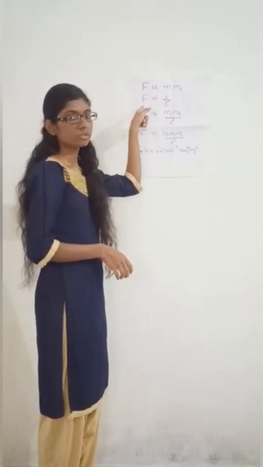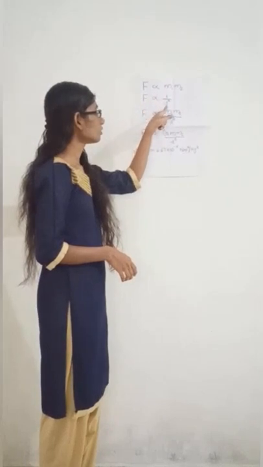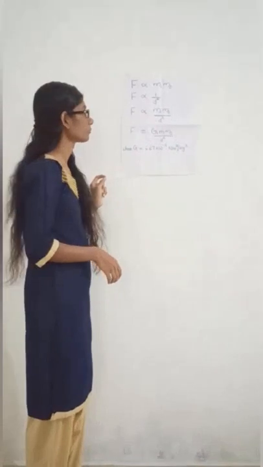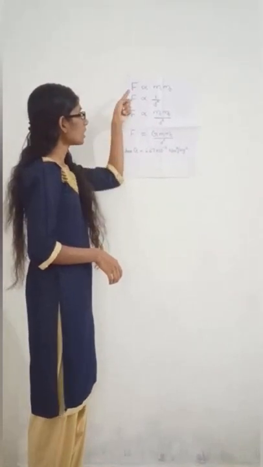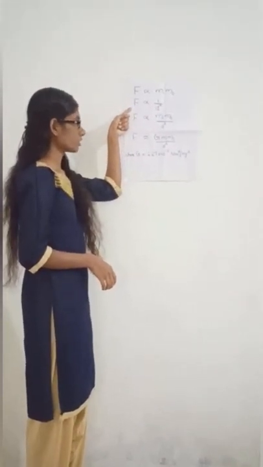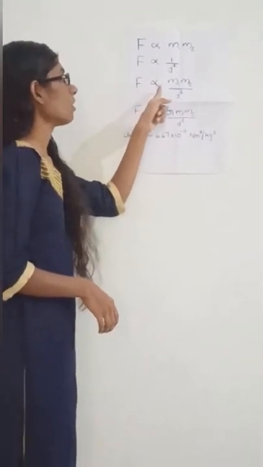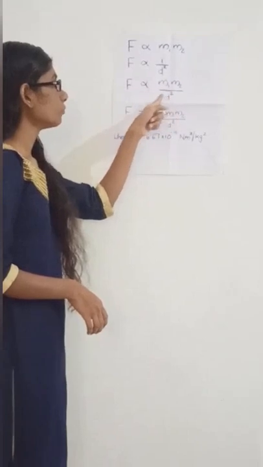And also, F is inversely proportional to the square of distance between them. On combining these two, we get F is directly proportional to m1 m2 by d square.